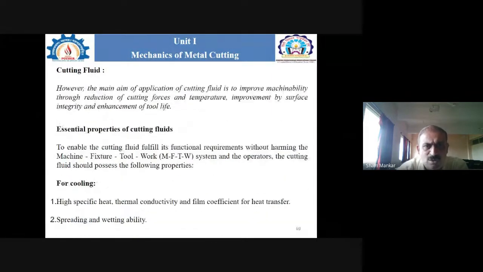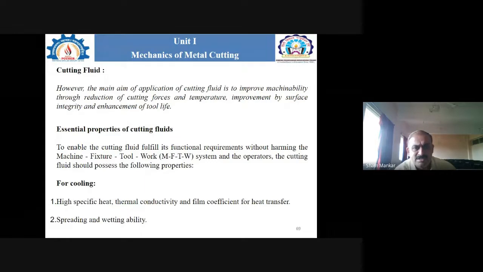Normally, whenever we consider the type of cutting fluid, we take into consideration the nature of the workpiece material and the tool material. As we know, a proper and appropriate type of cutting fluid plays an important role. Cutting fluid, or we may call it a coolant also, is used for heat removal and to minimize friction.